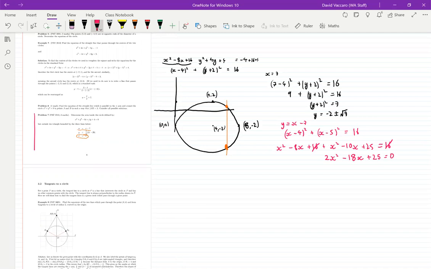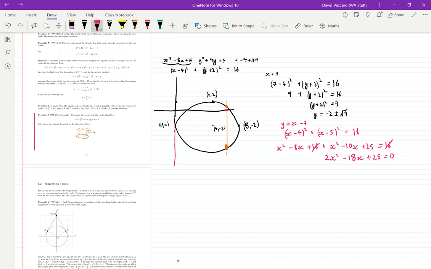And then I can solve that quadratic, which is not an especially nice quadratic. Okay, I'm just interested where it meets the line x equals 7. So it meets the line x equals 7 here at 7, 0.